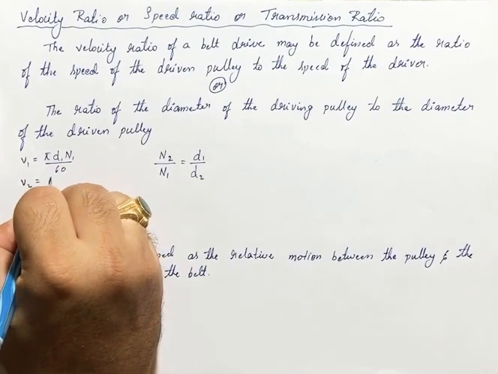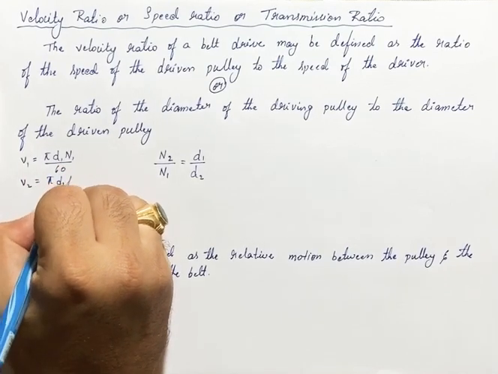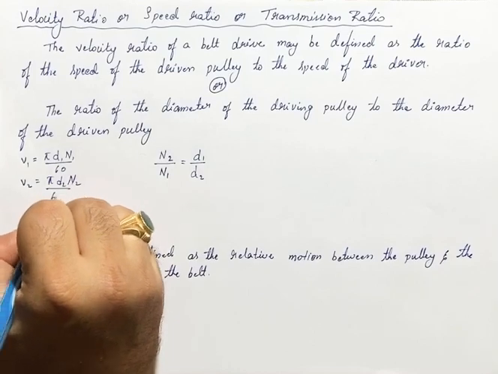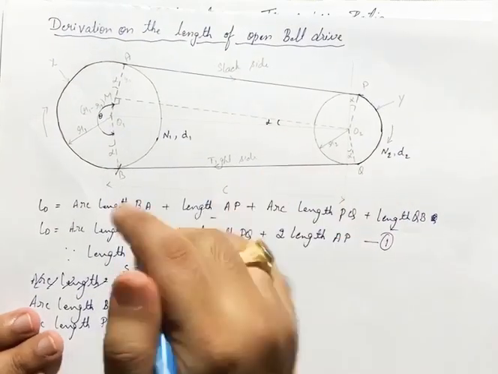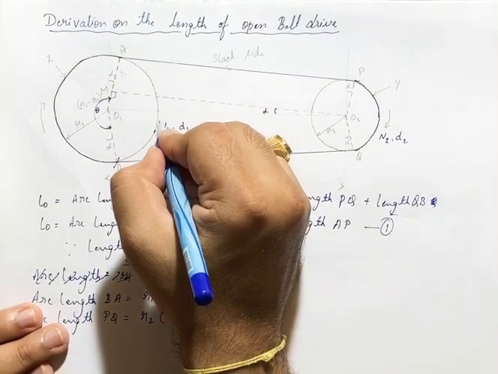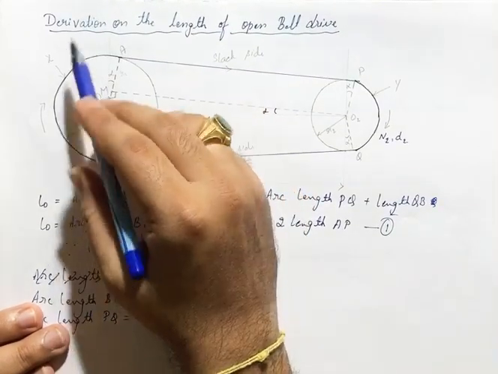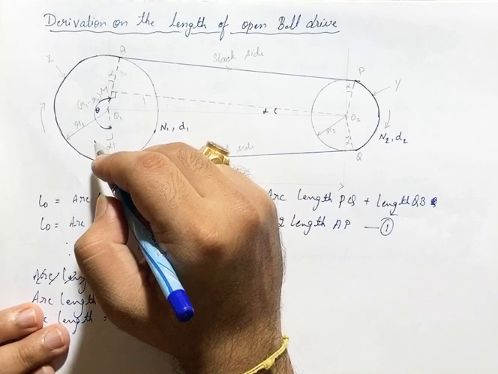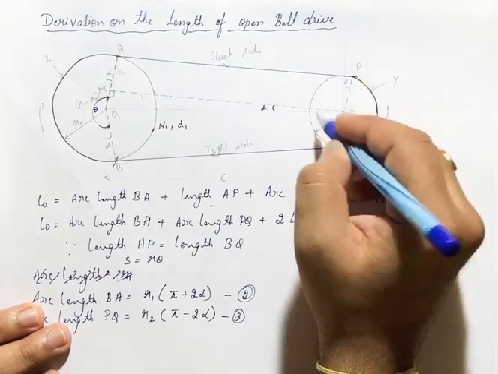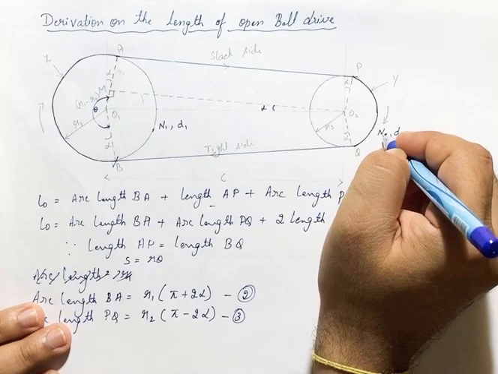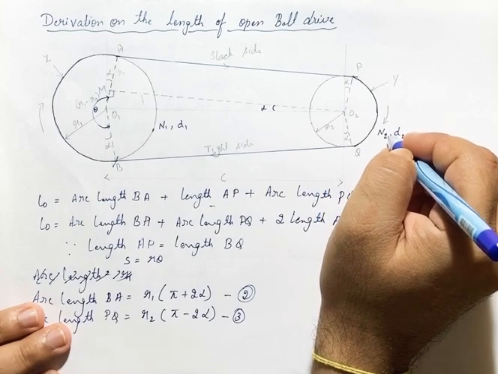And similarly, V2 is pi D2 N2 divided by 60. Right. These are the velocities here. The velocity of this pulley is pi D N by 60, and similarly, this one is also pi D2 N2 divided by 60 here.